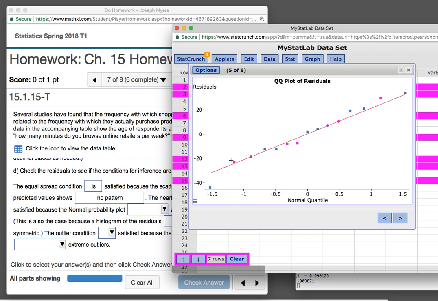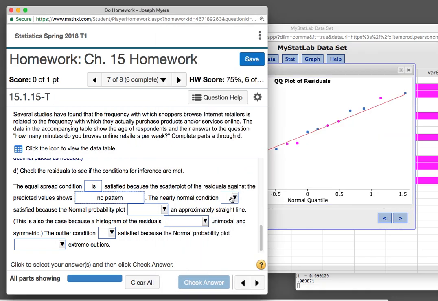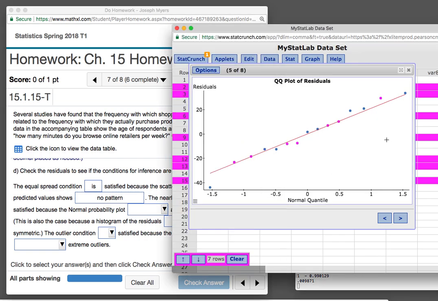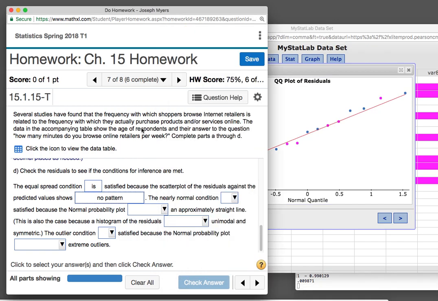It's not really on that line. It has to be really straight on the QQ plot or the normal probability plot in order to work. So I'd say the normal condition is not satisfied because the normal probability plot does not show an approximately straight line.